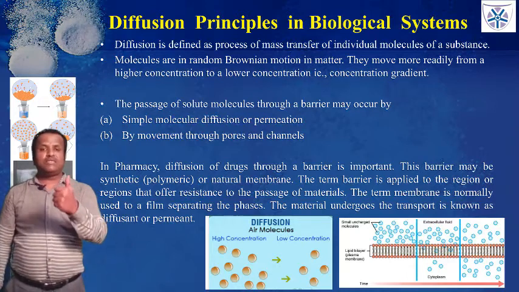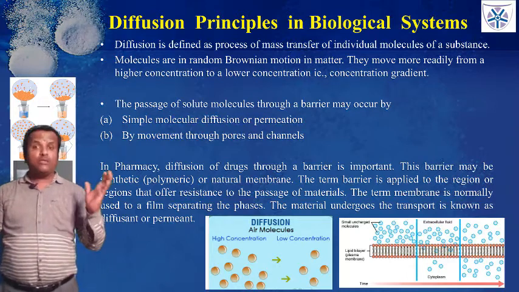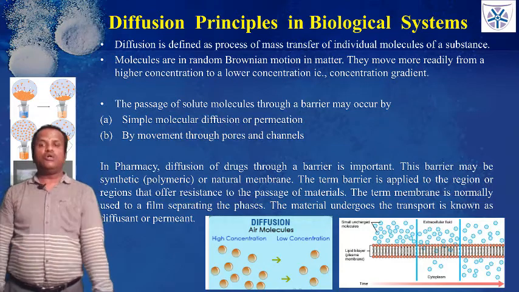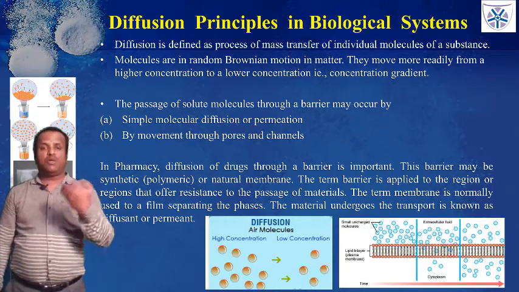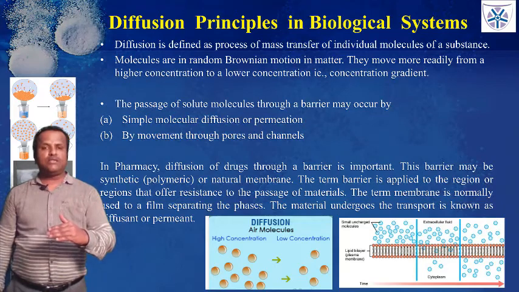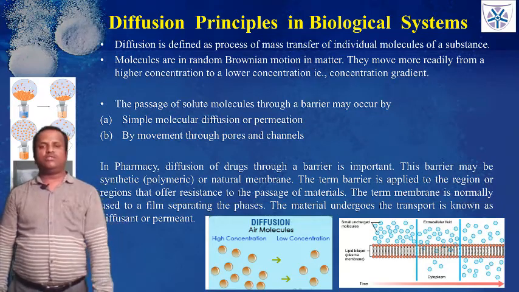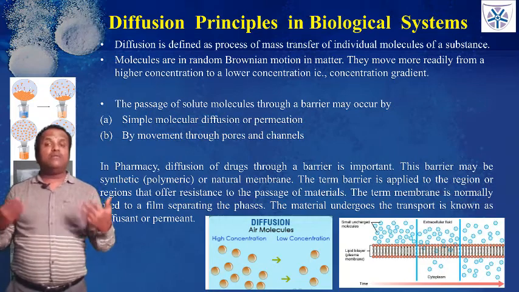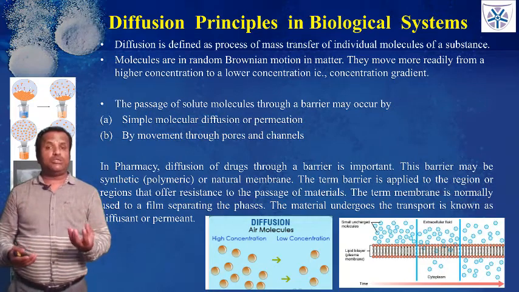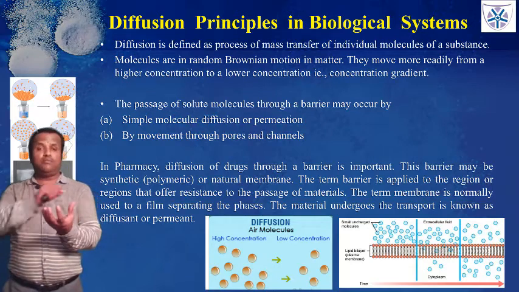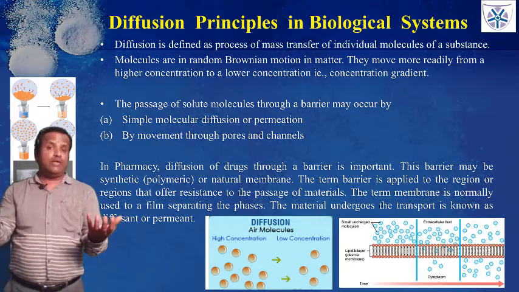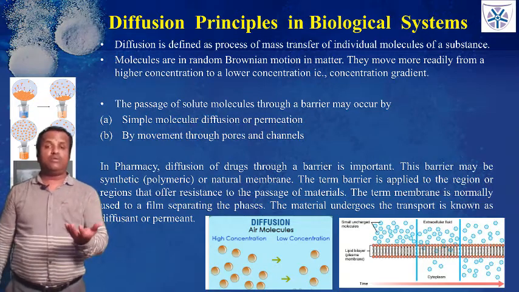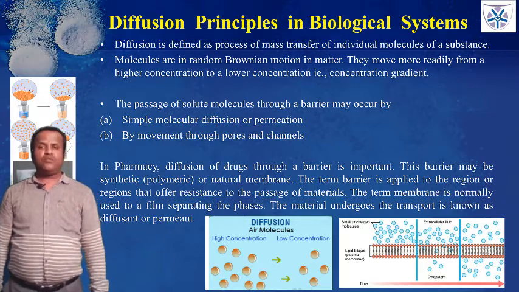Diffusion is defined as the mass transfer of individual molecules of a substance from one place to another, from higher concentration to lower concentration. Molecules are in random Brownian motion. What is Brownian motion? In a liquid, the particles move here and there without any direction.